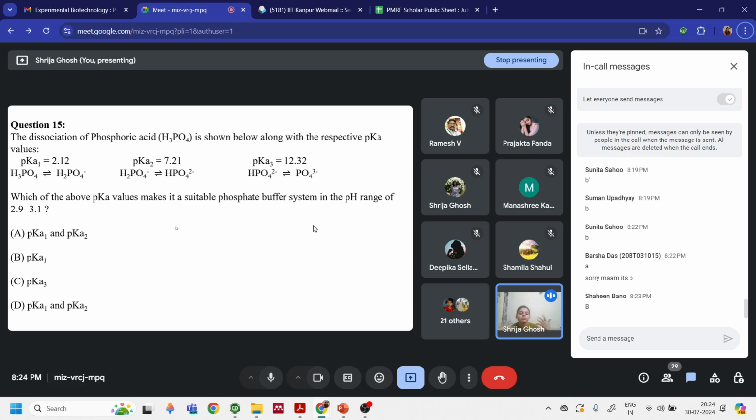If I use both the acid and basic component in almost equal amounts, you will have a buffer at a neutral pH. And if I use the basic component at a higher amount, you will have the buffer at a higher pH. So it can give you a buffer system at 3 different ranges of pH. It's a very versatile buffer to be used in biological systems.